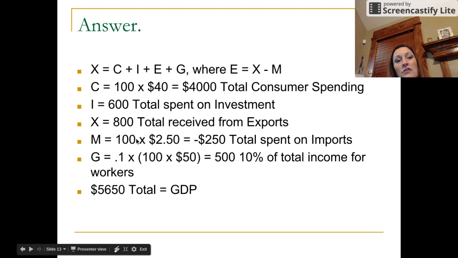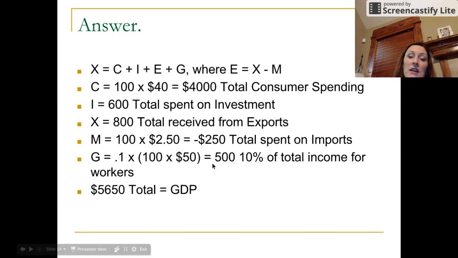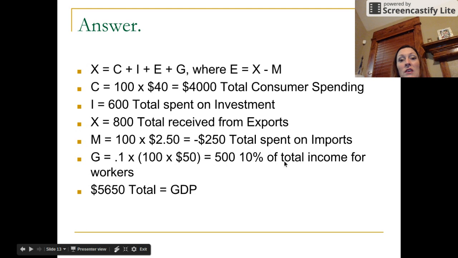M equals 100 times $2.50 equals negative $250 total spent on imports. G equals 0.1 times 100 times $50 equals 500, which is 10% of total income for the workers. So the total GDP for this country is $5,650.